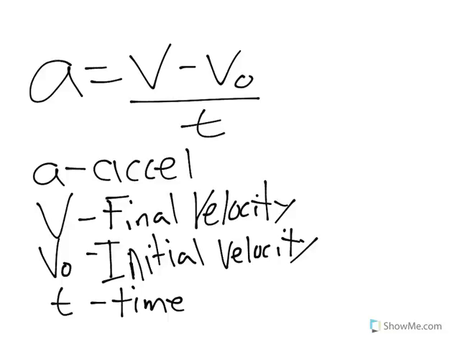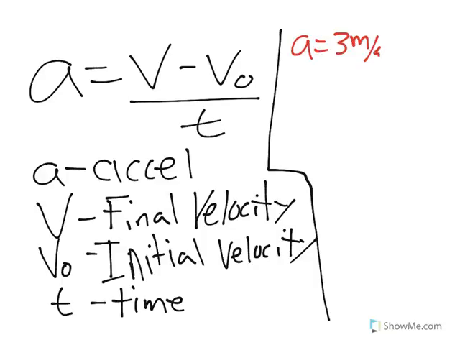If an object starts off at rest, the initial velocity will end up being 0. So let me just do this real quick example problem. Let's say that we have an object accelerating at 3 meters per second squared for 2 seconds, and you know it starts from rest. Well, if we know it starts from rest, v naught is 0.